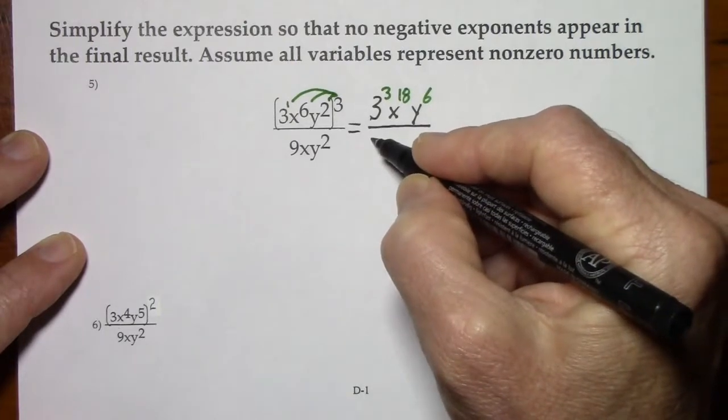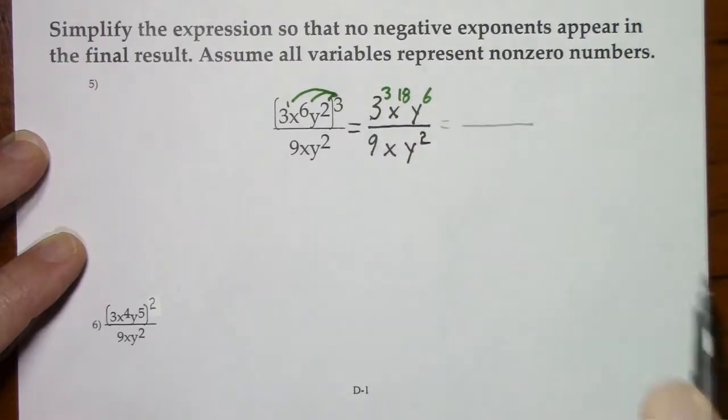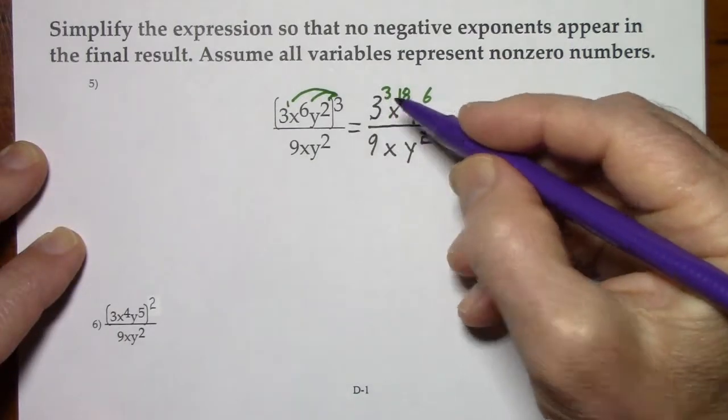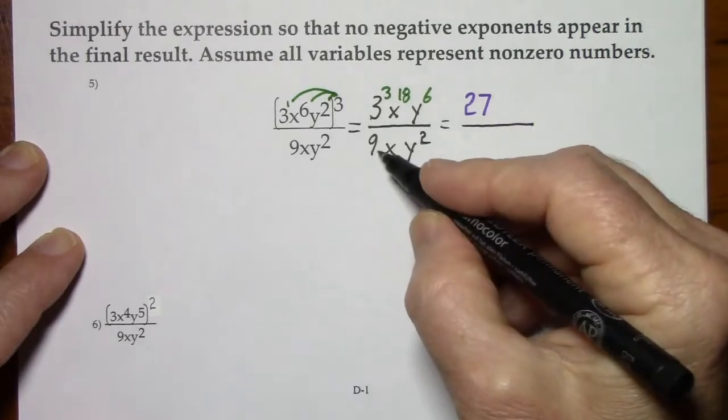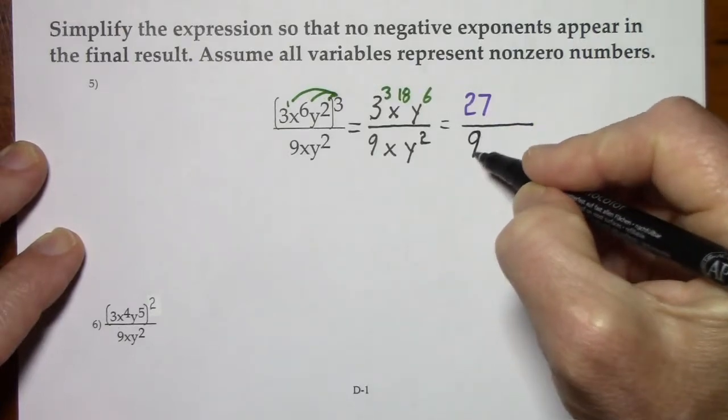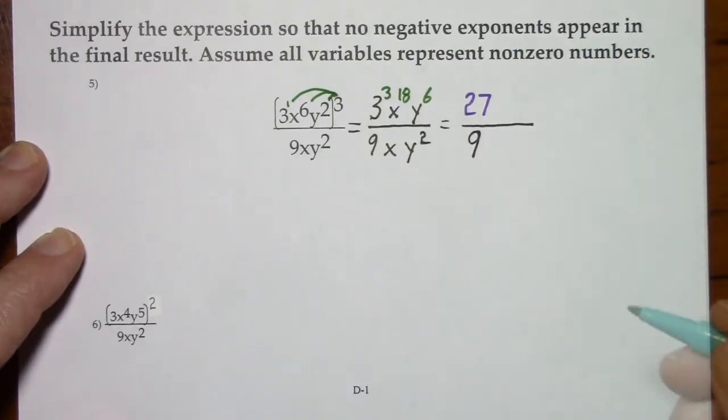Denominator stays the same. 3 raised to the third power is 27. And I'll just bring the 9 over. We'll still have to simplify this.